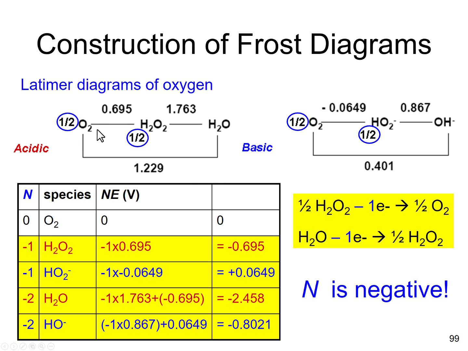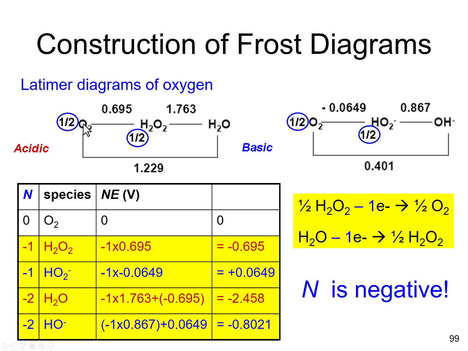So oxygen here exists in multiple oxidation states. In this particular case, you have an oxidation state of 0 in dioxygen, and that is related to hydrogen peroxide by a potential of 0.695 volts, which in turn is related to water by a redox potential of 1.763 volts.